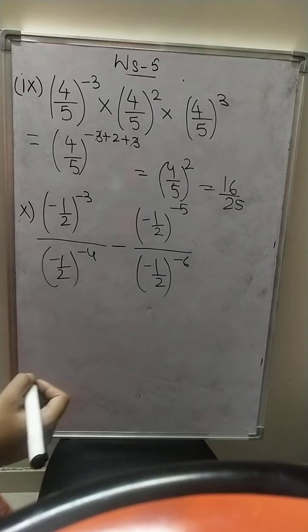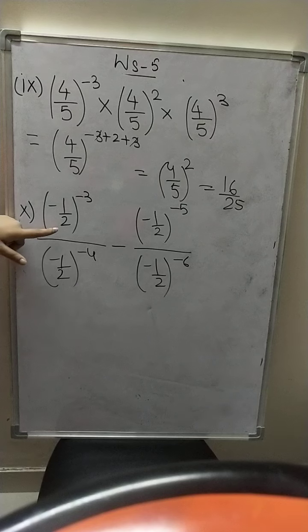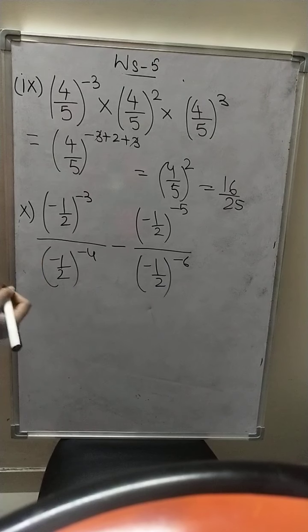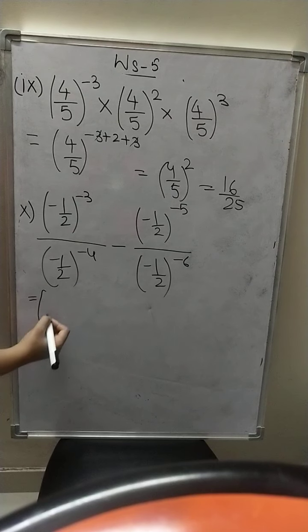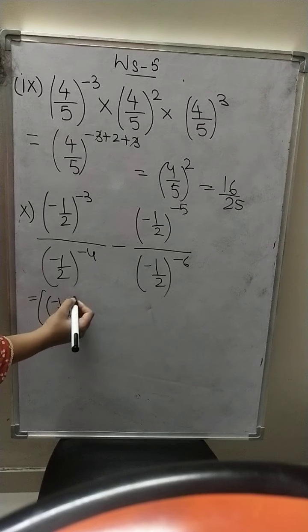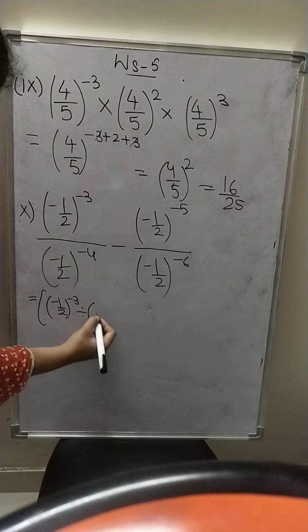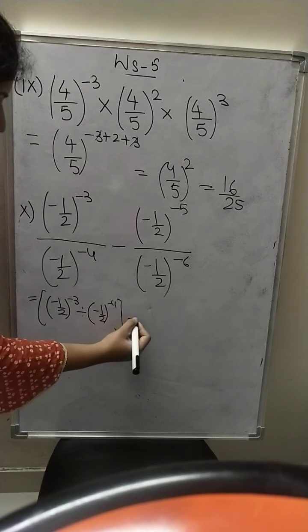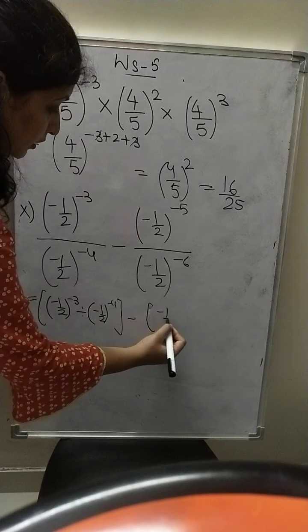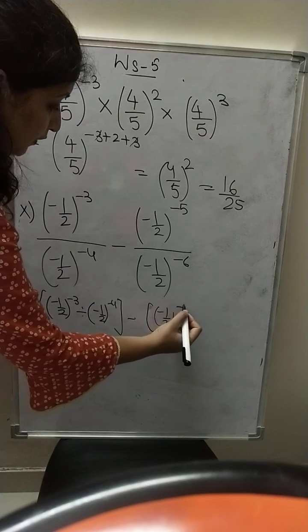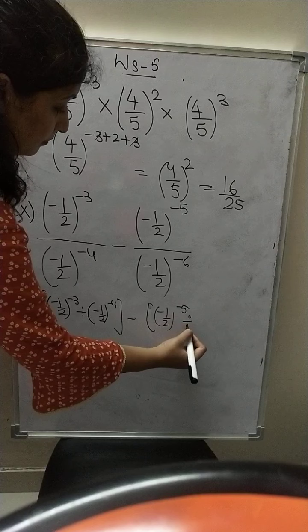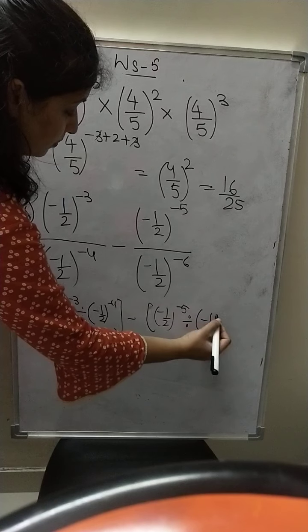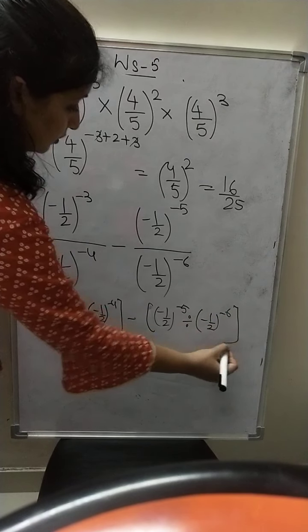Alright. Now again students, divided. So how I am going to write it, please see. I am writing it as, for your convenience, (-1/2) raised to the power minus 3 divided by (-1/2) raised to the power minus 4. Then (-1/2) raised to the power minus 5 divided by (-1/2) raised to the power minus 6. Fine.